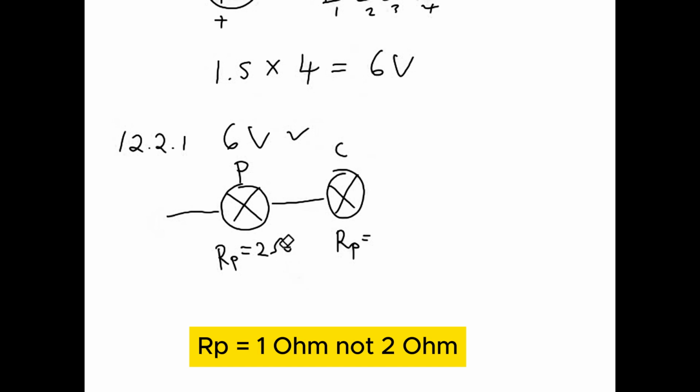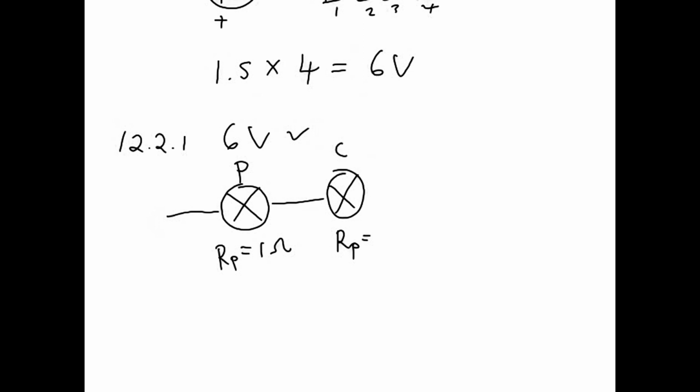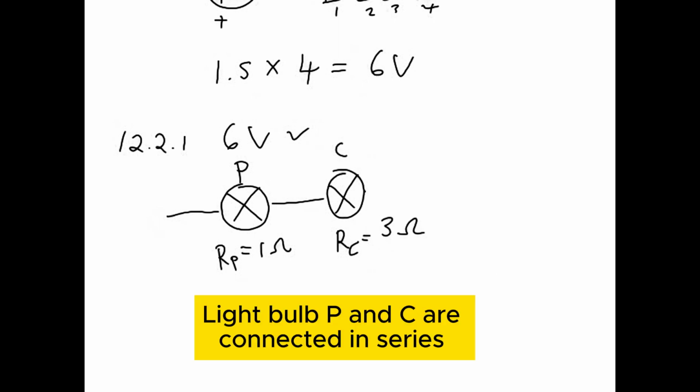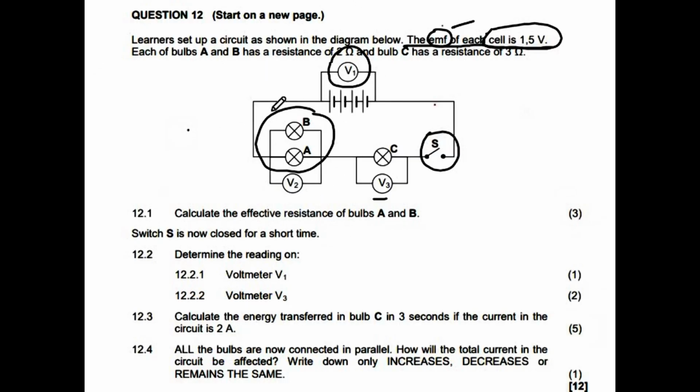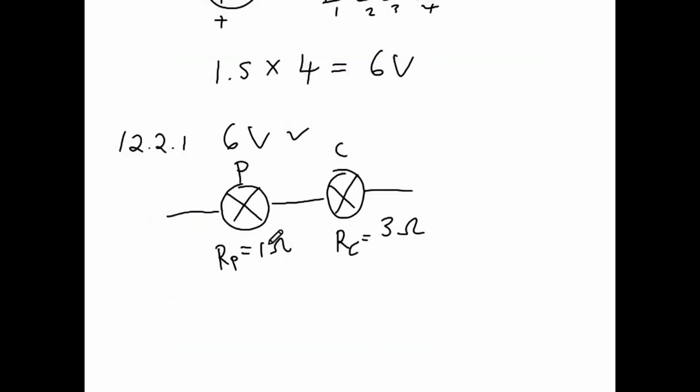Rp, we said it is 1 ohm. Apologies. 1 ohm. So it's not Rp here, it's RC. So RC equals how much? 3 ohm. So these two are connected in series. I've replaced the two light bulbs that are connected in parallel with one light bulb which has an effective resistance of 1 ohm.